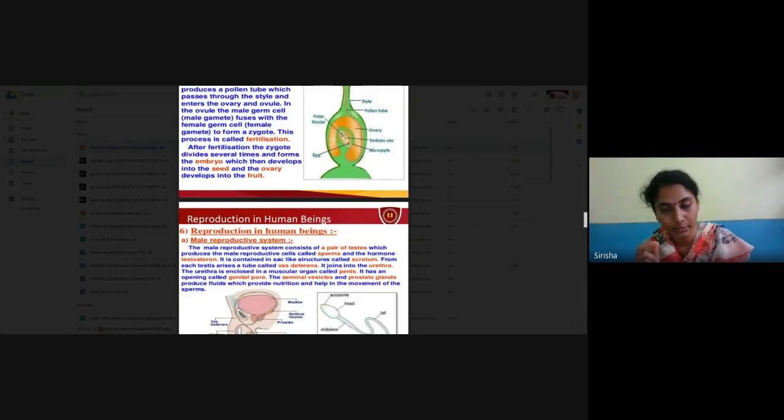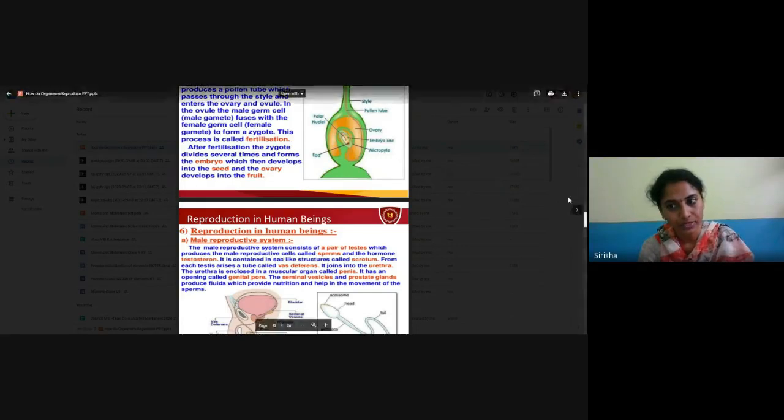Seeds will be there, no? That is nothing but the embryo. After multiple divisions, the zygote produces the embryo. This embryo becomes a seed, and the ovary, after fertilization, becomes fruit. This is called the fertilization process.